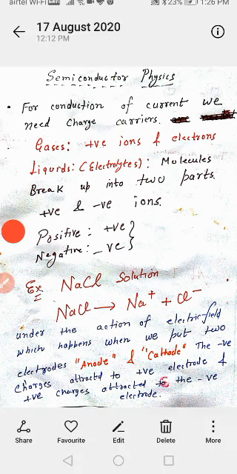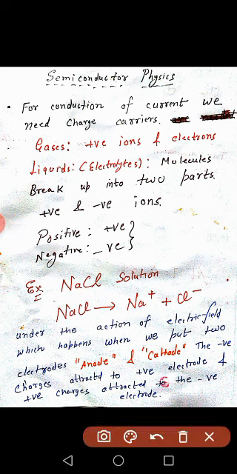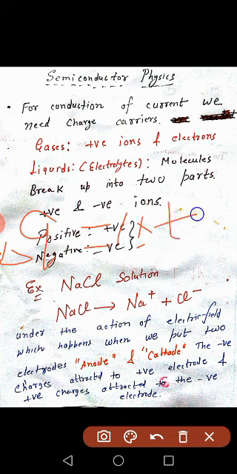We are familiar with a very popular and basic relationship, where Q is the charge: delta Q equals I into delta T. This is the very popular relationship between charge and current, and the more advanced form is dq equals I dt.